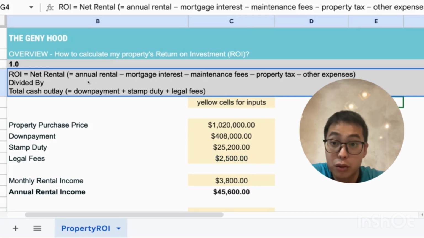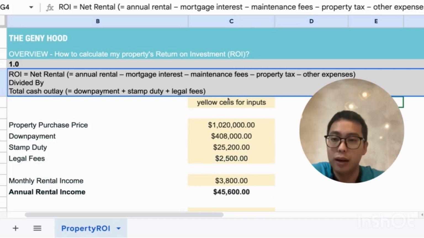This equals the annual rental, so the 1 year rental, minus the interest that you pay for your mortgage, minus the maintenance fees you pay for your property for that 1 year. Of course, minus the property tax you pay to the government, and then minus other expenses.